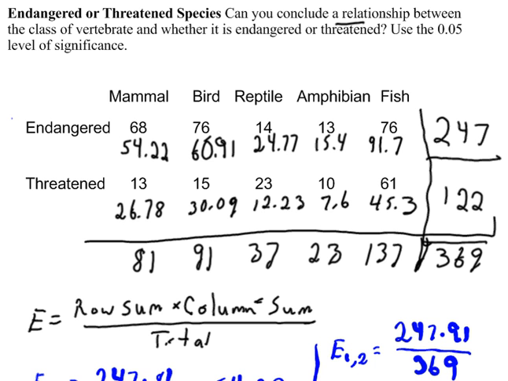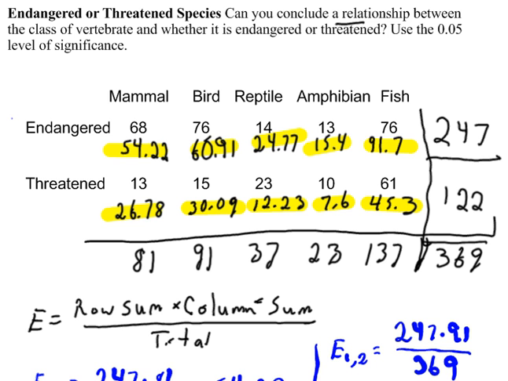As you calculated those, you should have gotten a 54.22, a 60.91, a 24.77, 15.4, 91.7, 26.78, 30.09, 12.23, 7.6, and 45.3.